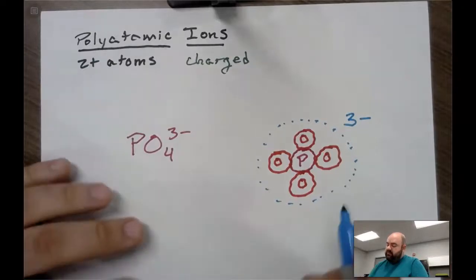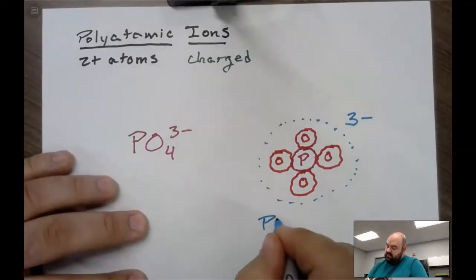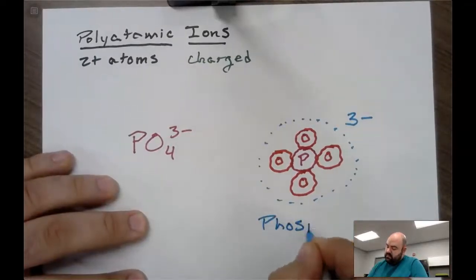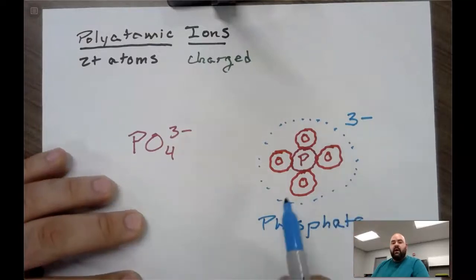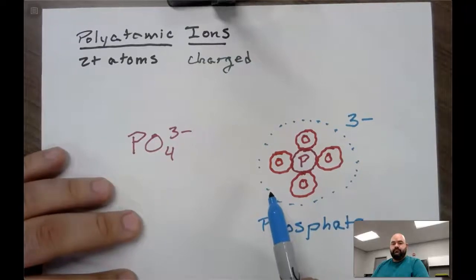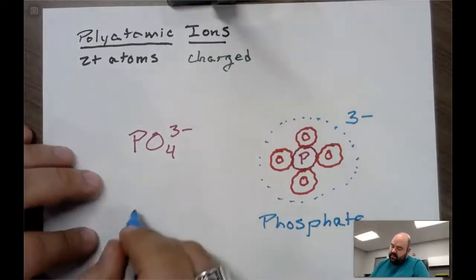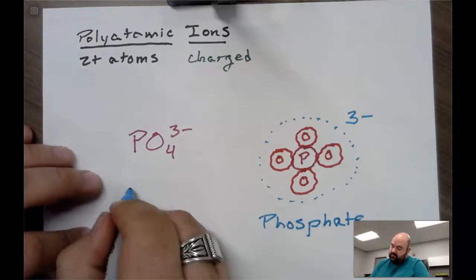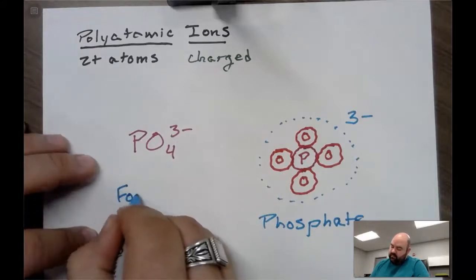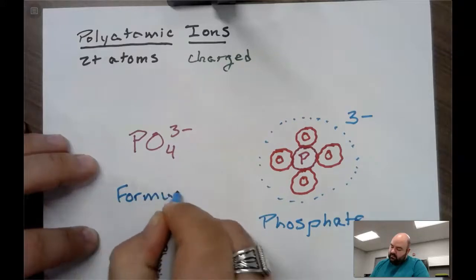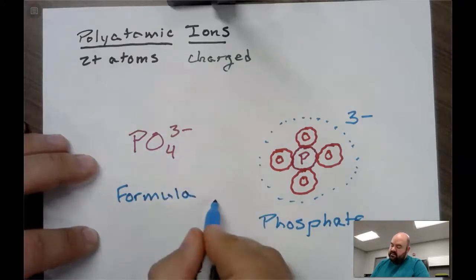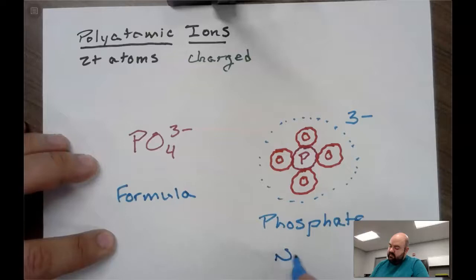That is called phosphate. That's what a polyatomic ion is. So this is the formula. Formula, there we go. I knew the word for formula. That's what the formula is. This is the name.